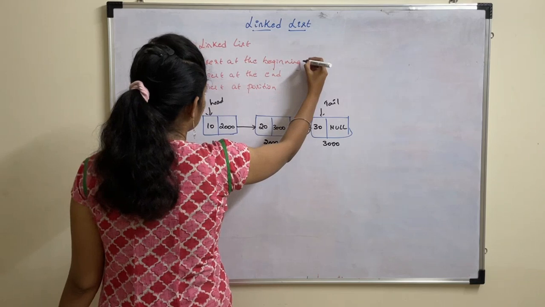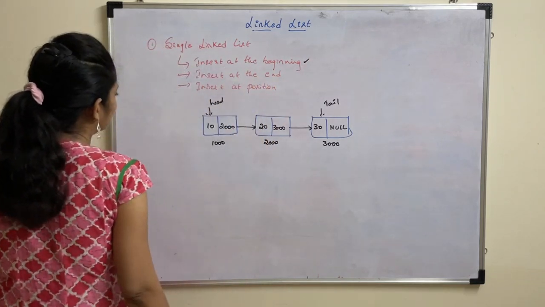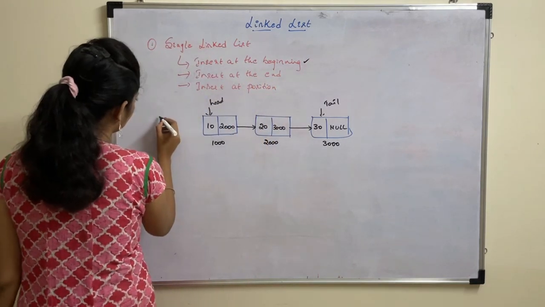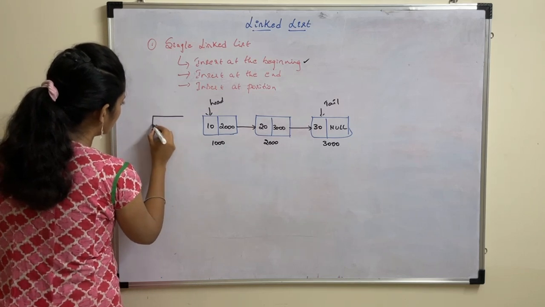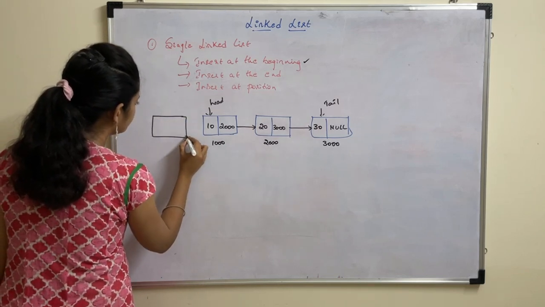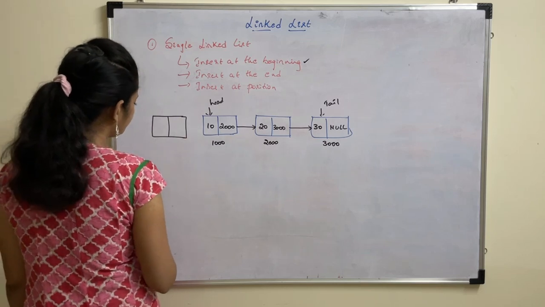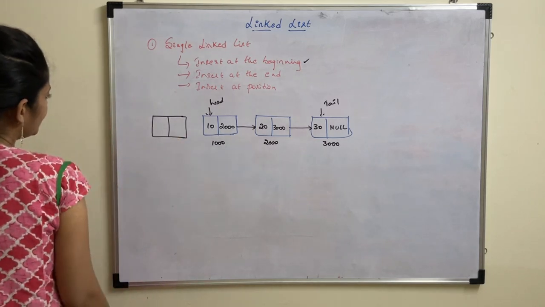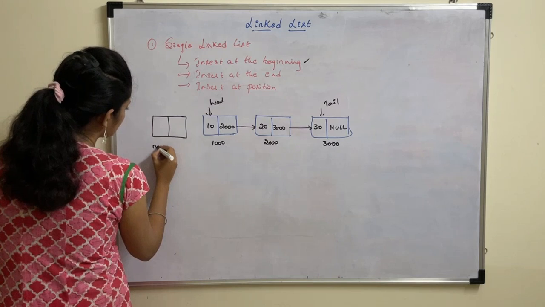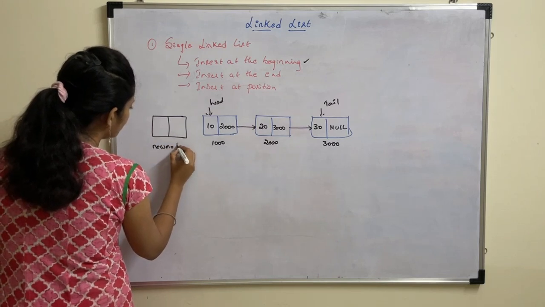And the first operation is insertion at the beginning. Beginning means here, right? So here I want to insert one node. Whenever we create any node, we saw the syntax for creating a node. So this is my new node.